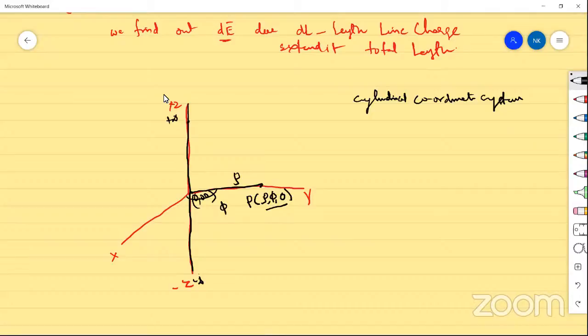And I will consider another point. Okay. So on the z-axis, rho will be 0.